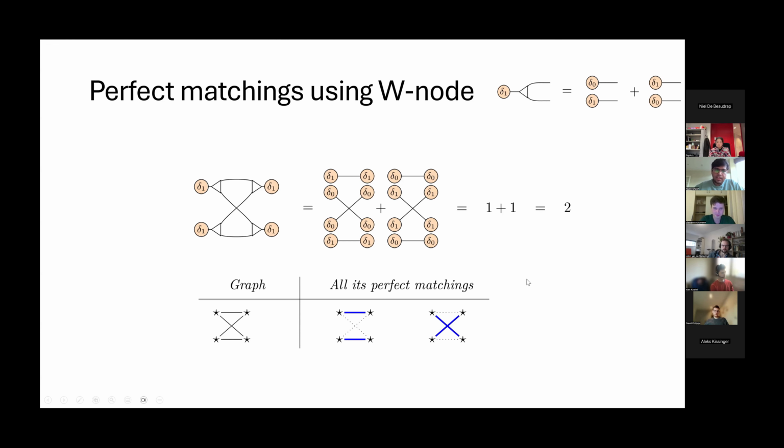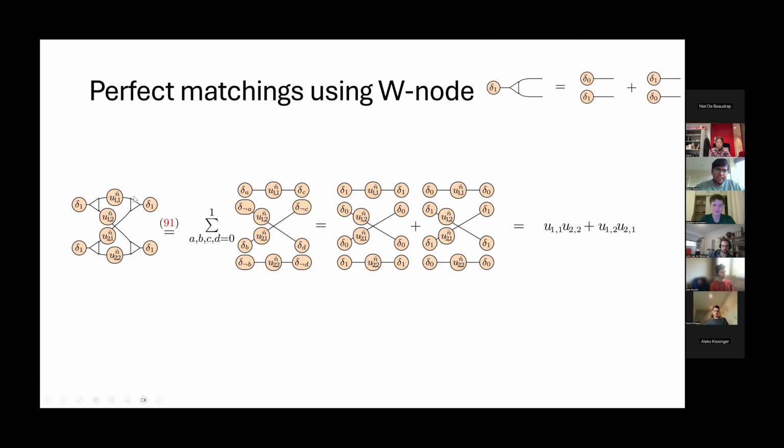And this also works for the weighted case. If I have a weighted graph, it gives me the sum of the weighted perfect matchings.